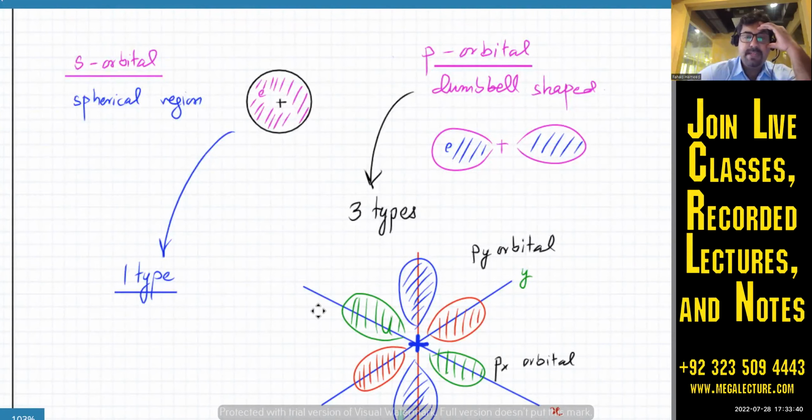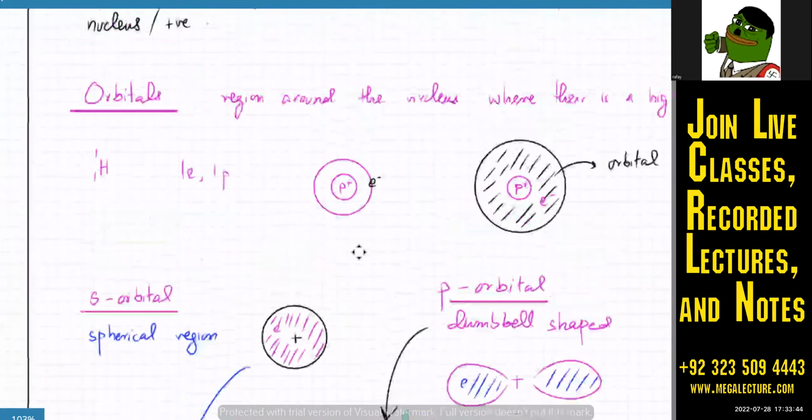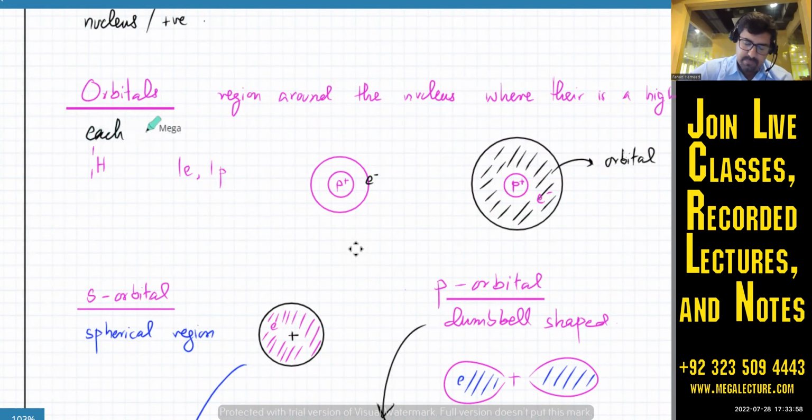ठीक है? Clear है? जी सर. तो यहाँ पे मैं ऐड कर देता हूँ कि each orbital has a maximum room for 2 electrons. So maximum 2 electrons.